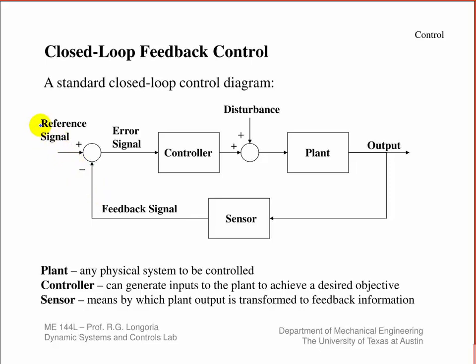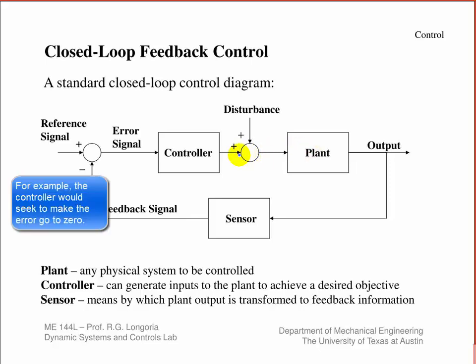So if this is theta, this is theta. So you have an error in theta. And that error is fed into the controller. The controller is looking at that error and then making decisions according to some logic, some process, some defined transfer function, what the control input should be, right? So be familiar with that.